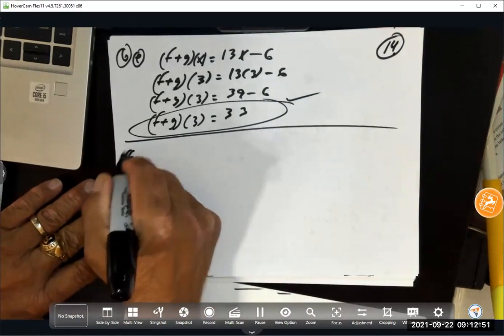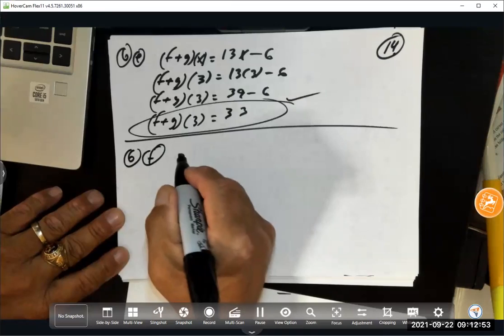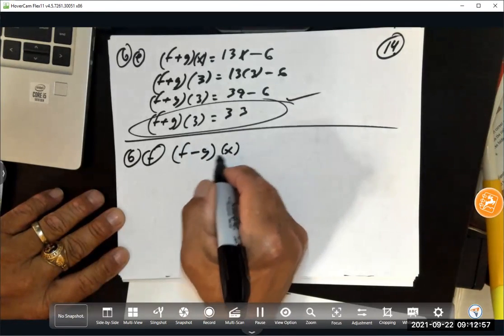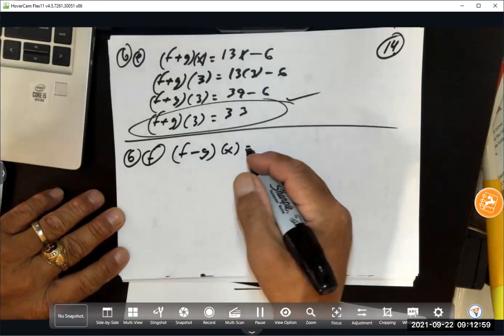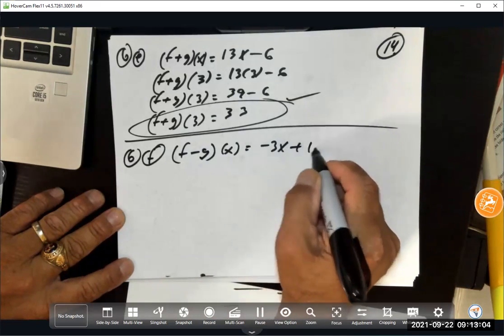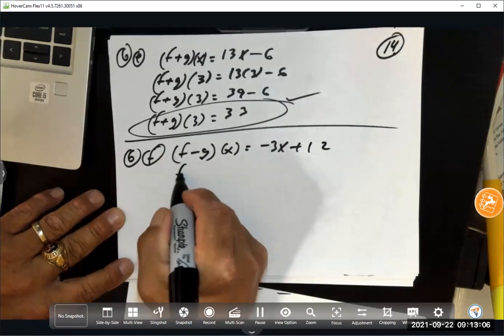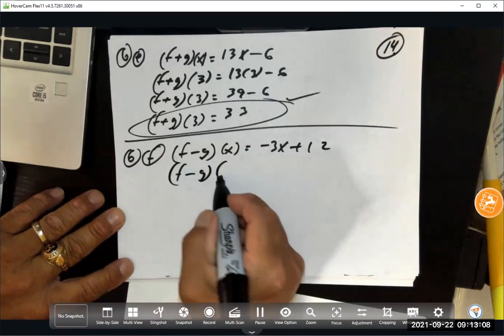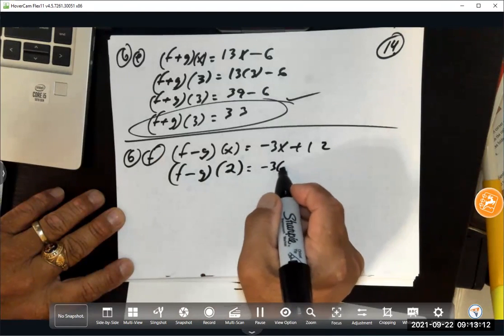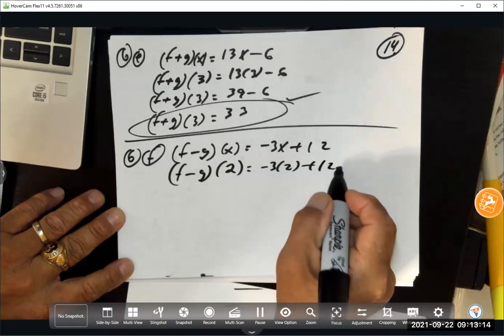Okay. And then 6 letter F is going to say F minus G of X. We did it earlier, and we ended up with negative 3x plus 12. When I did it on my math lab, it said to do F minus G, and the number they gave me to put in there was a 2. You ready?